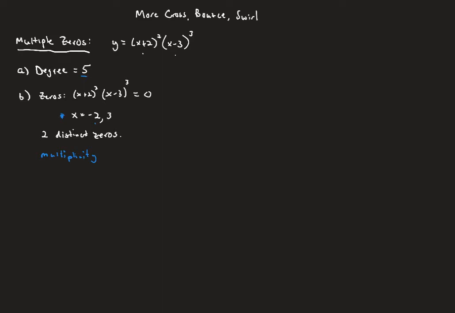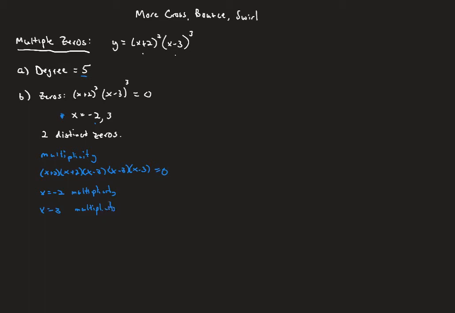This idea of multiplicity comes from this factor of (x plus 2) squared. In a sense, this means our polynomial is (x plus 2) times (x plus 2), and then the (x minus 3) cubed we can think of as (x minus 3) times itself 3 times. So it would be reasonable to say that negative 2 is a zero twice, or with multiplicity 2, and that x equals 3 is a zero 3 times, that is, with multiplicity 3.